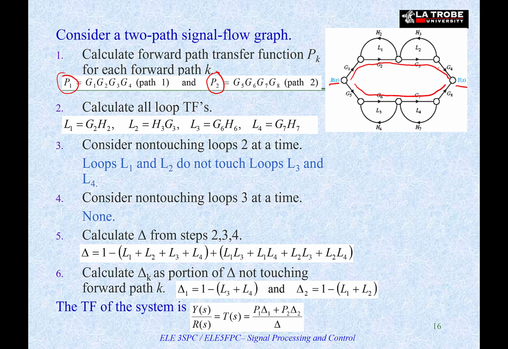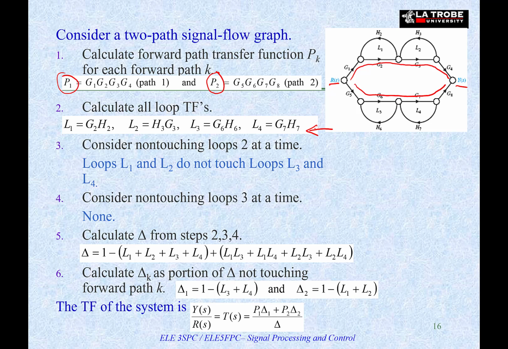In this example, you can see 4 loops, 2 loops on the top and the other 2 loops on the bottom, and they are represented by L1, L2, L3, L4. You need to find all of the loop transfer functions. So that is given by this step.